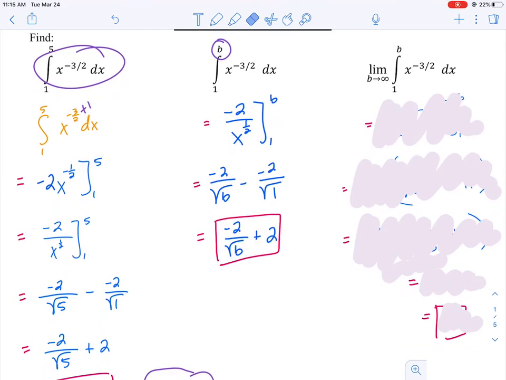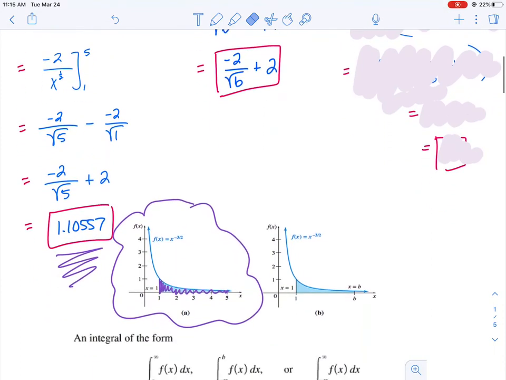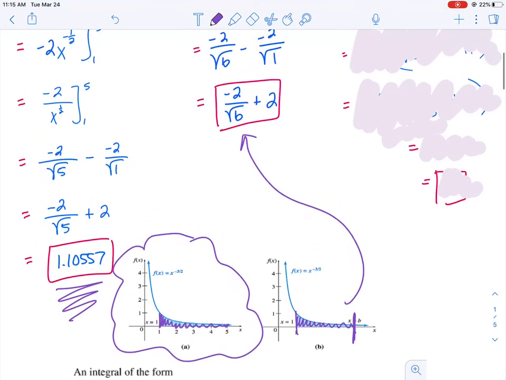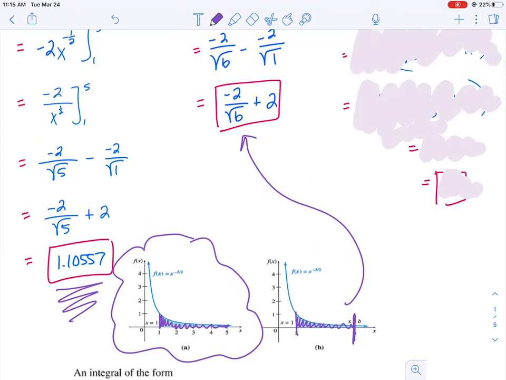If I plug in my upper limit and my lower limit, I end up getting this expression that represents the area underneath the curve from 1 to any number b, right? If I'm looking at the picture, I can find the area underneath this curve from 1 to any number I choose over here. As long as I know what b is, I can plug it into that expression and figure out the total area.